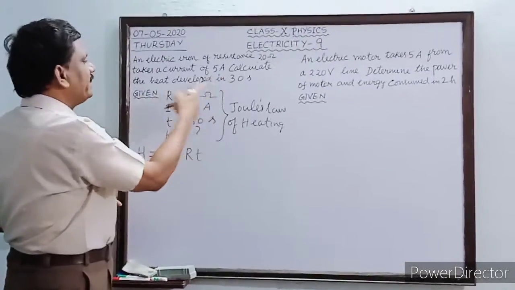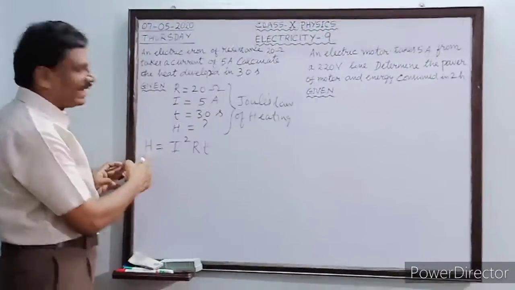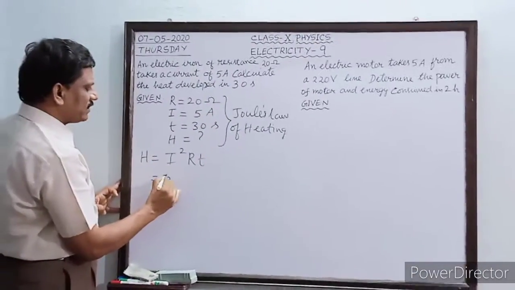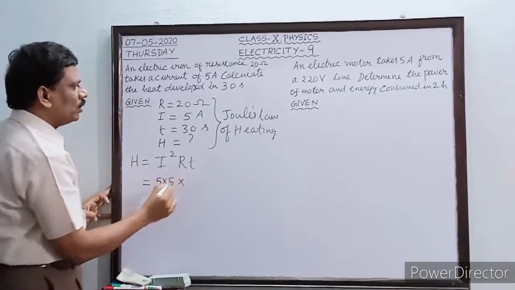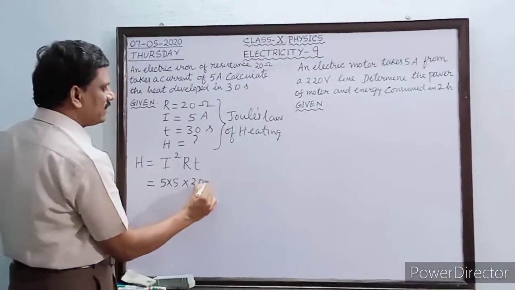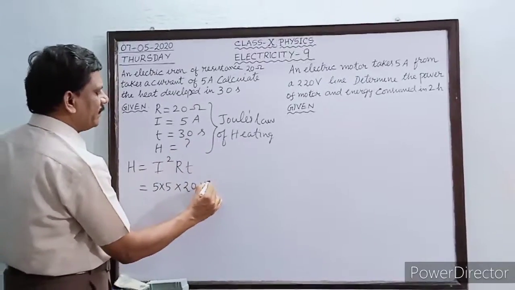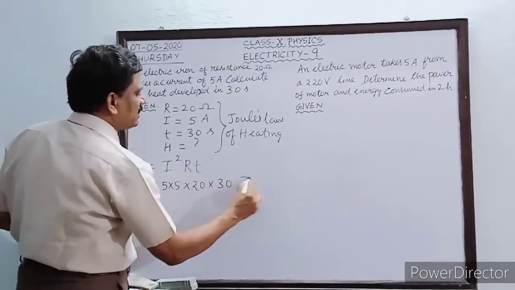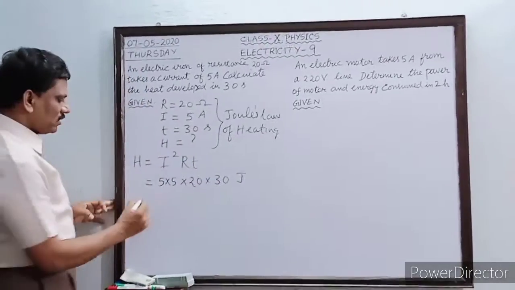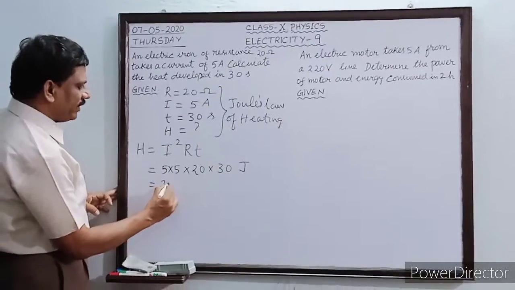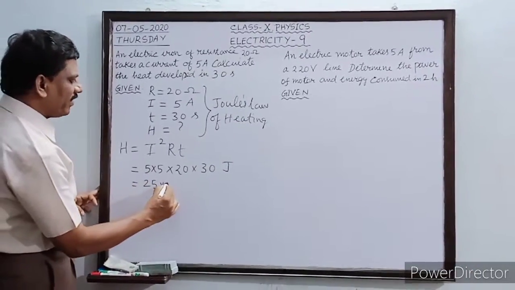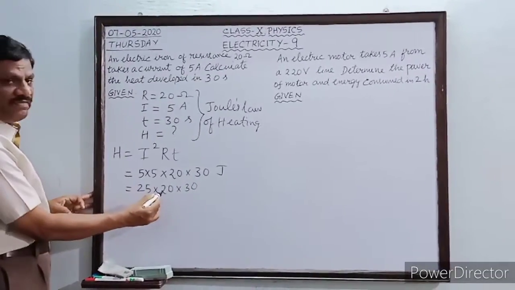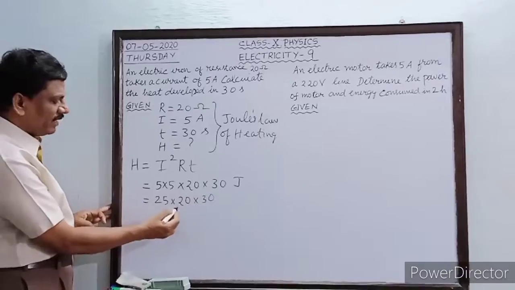So the heat energy developed is given by H is equal to I square R T. This is 5 into 5 into R, which is 20, into T, which is 30, and this is expressed in joule. 5 into 5 is 25, so this is 25 into 20 multiplied by 30. 25 into 20 is 500.